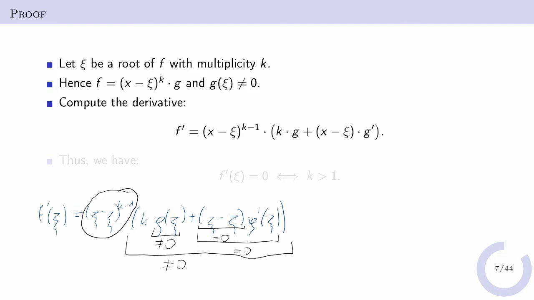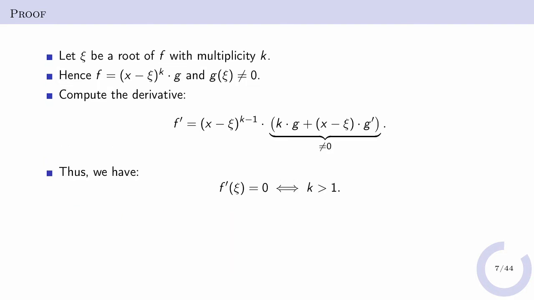What we got is that f prime vanishes at xi if and only if the multiplicity is greater than 1. So xi is a common root of both f and its derivative if and only if it is a root of multiplicity greater than 1 of f.